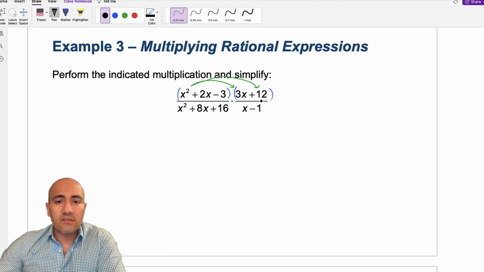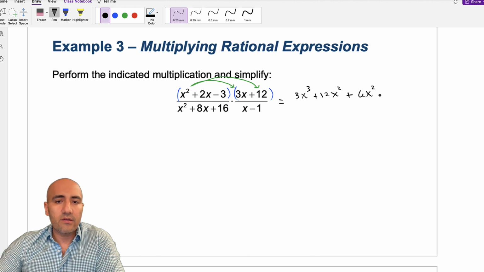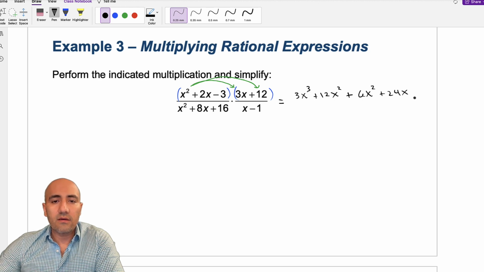So this could be equal to 3x cubed plus 12x squared plus 6x squared plus 24x minus 9x minus 36, and then that whole thing gets divided by the denominator, which again we're going to take turns multiplying.